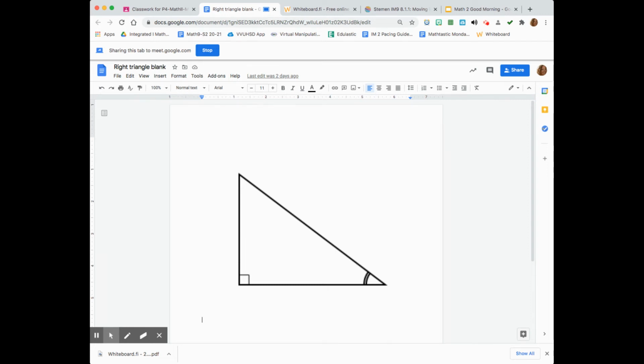If you can't find any scissors, just draw it and cut it out later. But once you're finished drawing or printing and labeling your triangle, you're going to turn your camera on and show it to me, and I'm going to check you off as having it done, okay? So I'm going to make my Google Meet a little bit bigger.